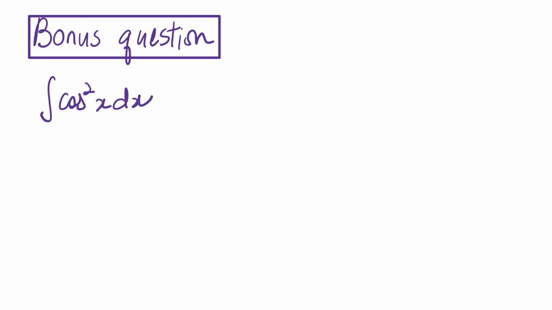Right, supposing you are asked to integrate cos square x dx. If you recall the previous homework that we've done, in one of the questions, we are asked to show that the integration of f of x multiplied with g of x dx is not equal to the integration of f of x dx times the integration of g of x dx.